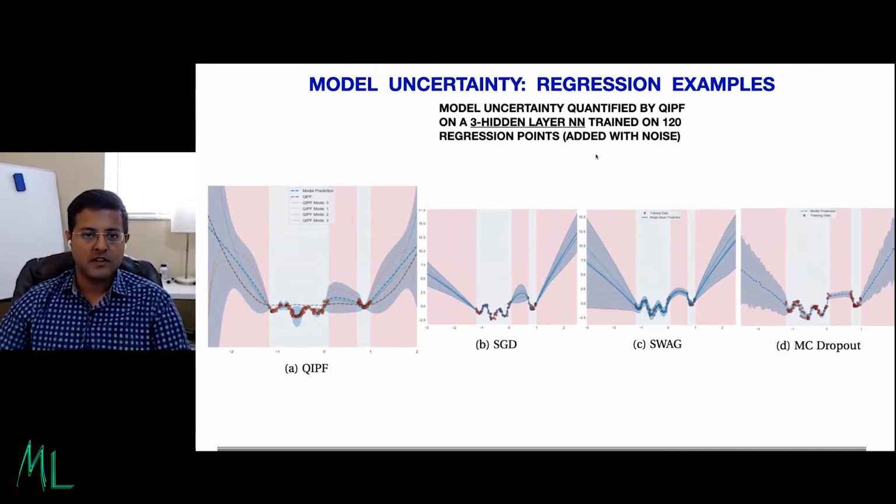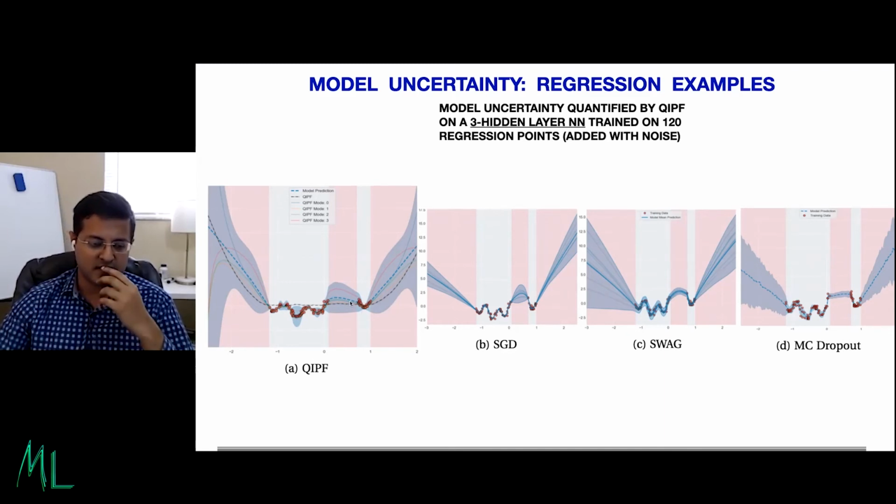So now coming to some results, we start with some illustration of regression examples. In this case, we trained a small 3 hidden layer neural network on 120 regression points. So it's a highly over-parameterized network that is overfitted onto a very small number of samples, as an extreme case example.